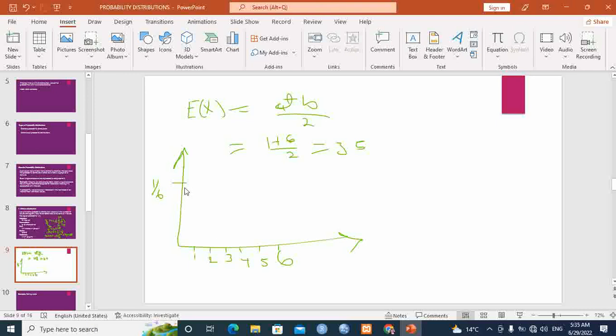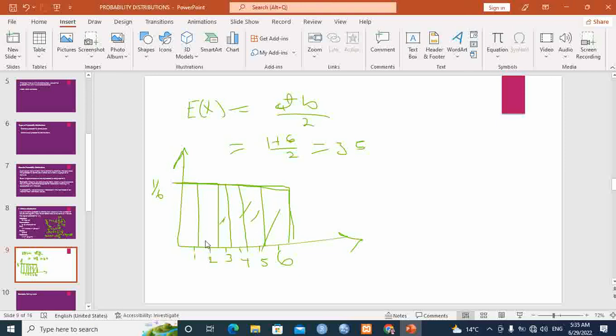So let's have here at 1, here at 2, 3, 4, 5, and 6. So you can see all of them have equal probabilities.